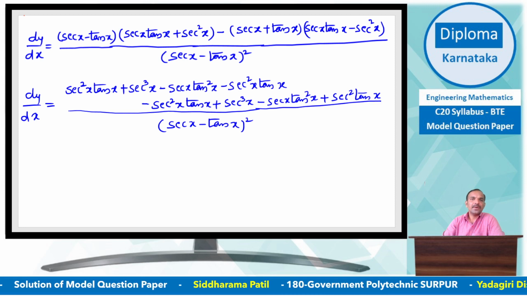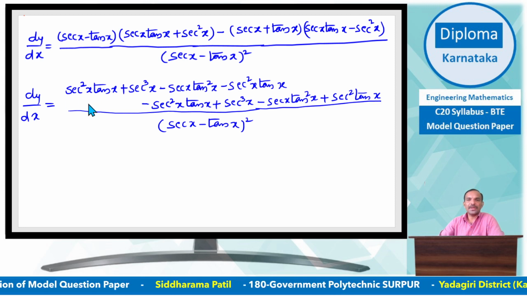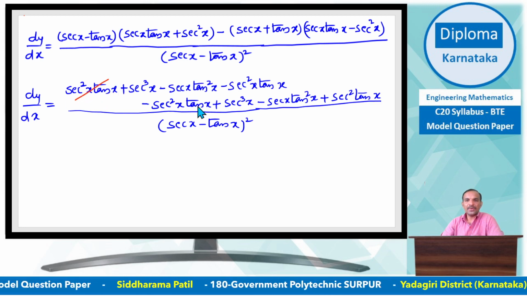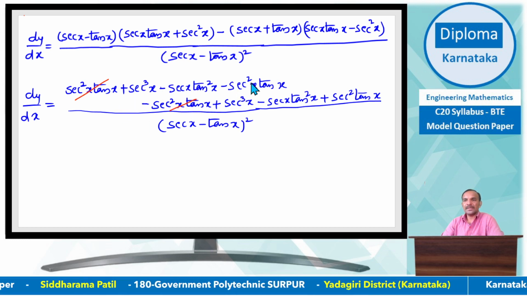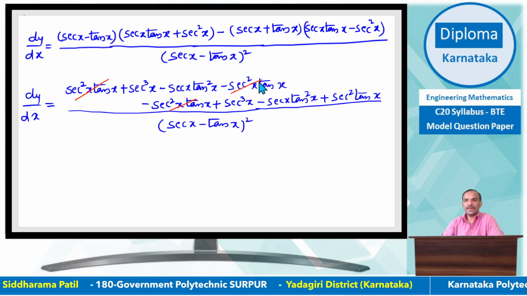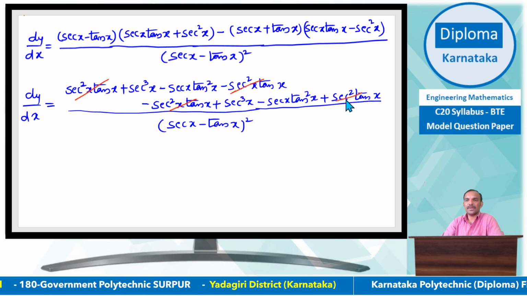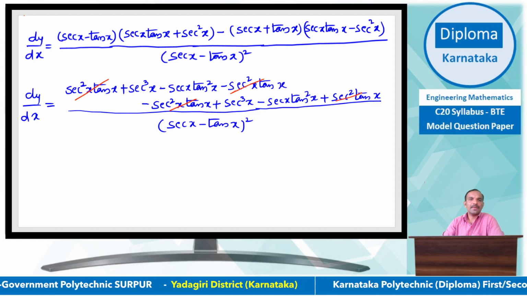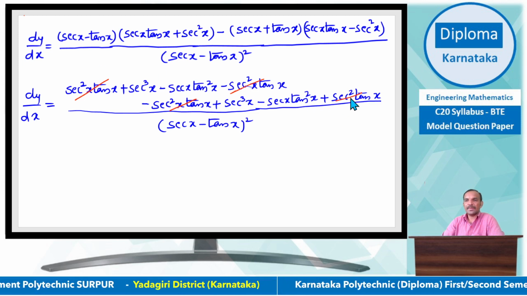Now simplification: here positive term, negative term, and sec square x is positive. Actually here x is missing, you have to write x here.